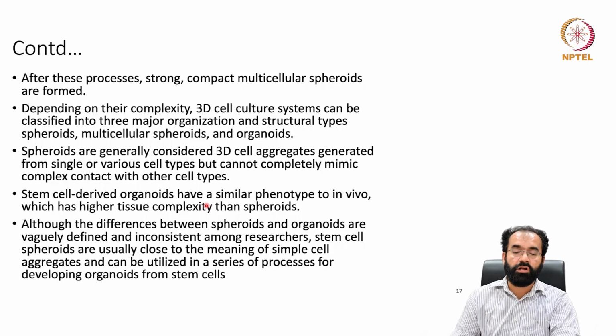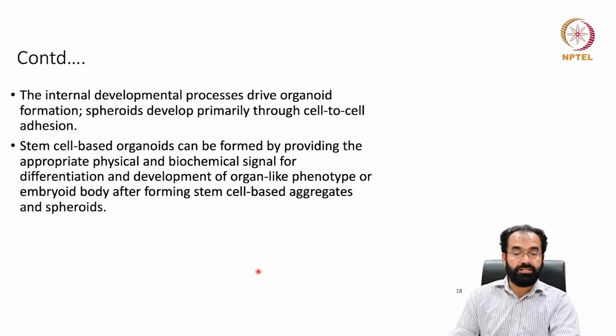Stem cell-derived organoids have a similar phenotype to the in vivo situation, which has higher tissue complexity than spheroids. Although the differences between spheroids and organoids are vaguely defined as of now and not consistent among the researchers, stem cell spheroids are usually close to the meaning of simple stem cell aggregates that can be utilized in a series of processes for developing organoids from the stem cells.